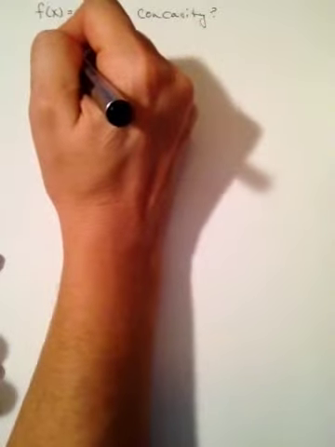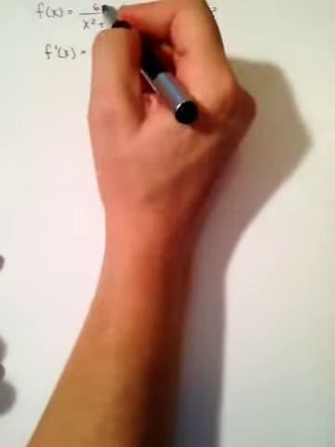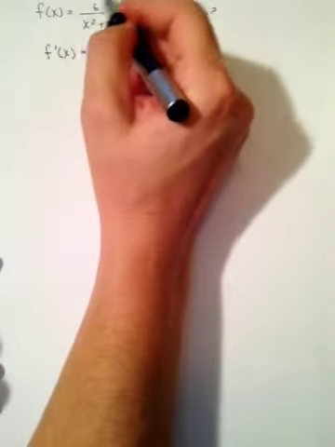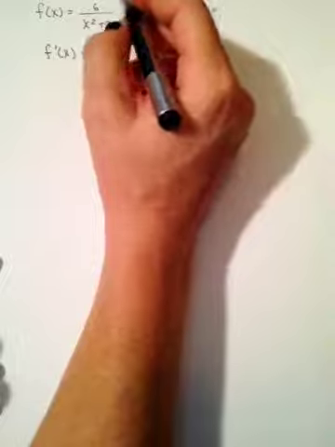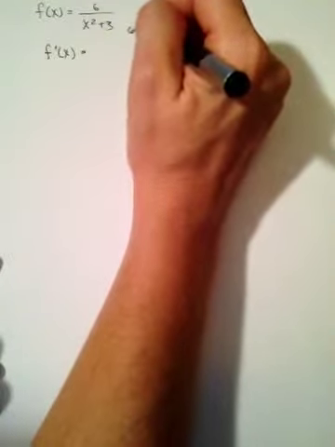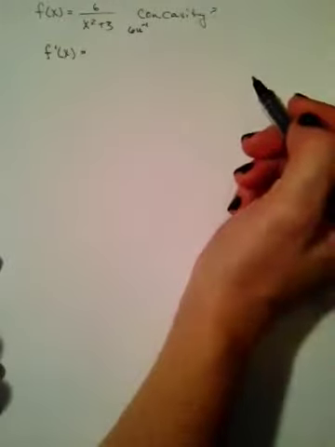So I'm going to go to the first derivative, and you have choices here. You could use the quotient rule as long as you remember that the derivative of 6, a number, is 0, and it cancels out the part that you wouldn't need. Or you could think of it as the chain rule. So this would be like a 6u to the negative 1, which is what I'm going to do.